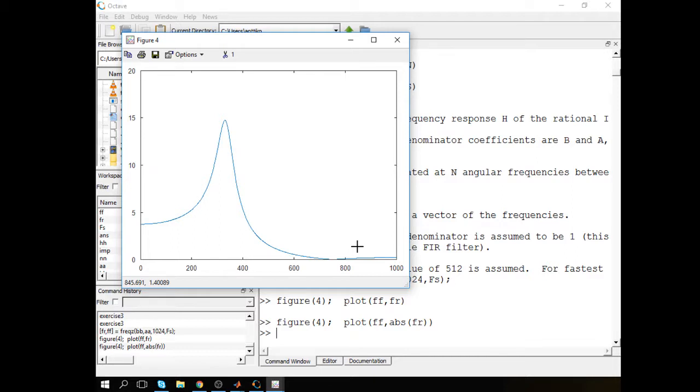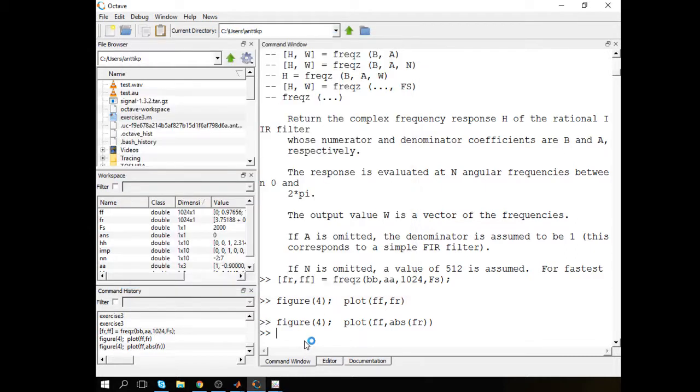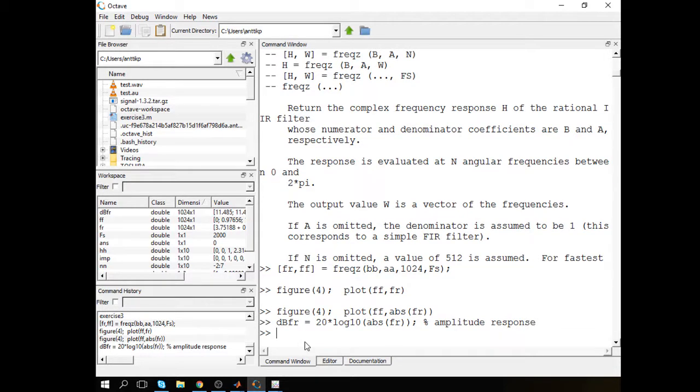So the frequency response is, right, actually, dB of FR, which is 20 times log base 10 of the absolute value of FR. Okay, now we go. That's the amplitude response. And again, figure 4, but dB FR.